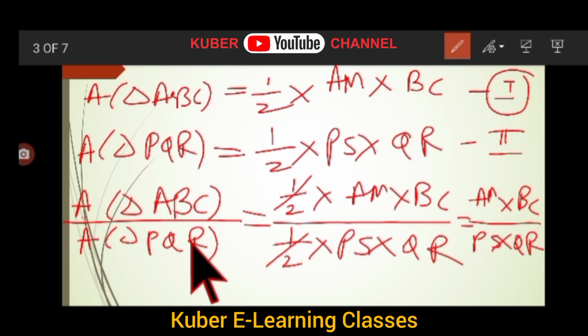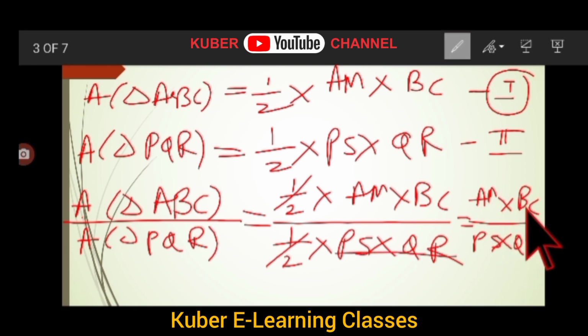Here AM is the height and BC is the base, so height into base, and similarly PS is the height and QR is the base. This means the ratio of areas of any two triangles is equal to the ratio of the product of their corresponding base and height.